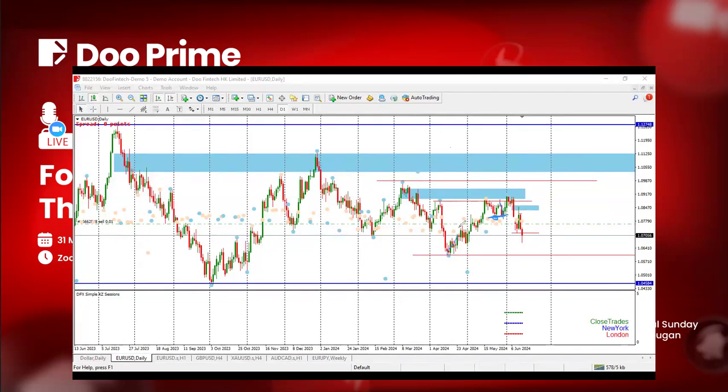Look at it. The market came down, went up, came down, went up, and it came down, went back up. So some people would have bought here, thinking the market would be going up. But it came down, took out that liquidity before finally going up to grab the liquidity that was here.